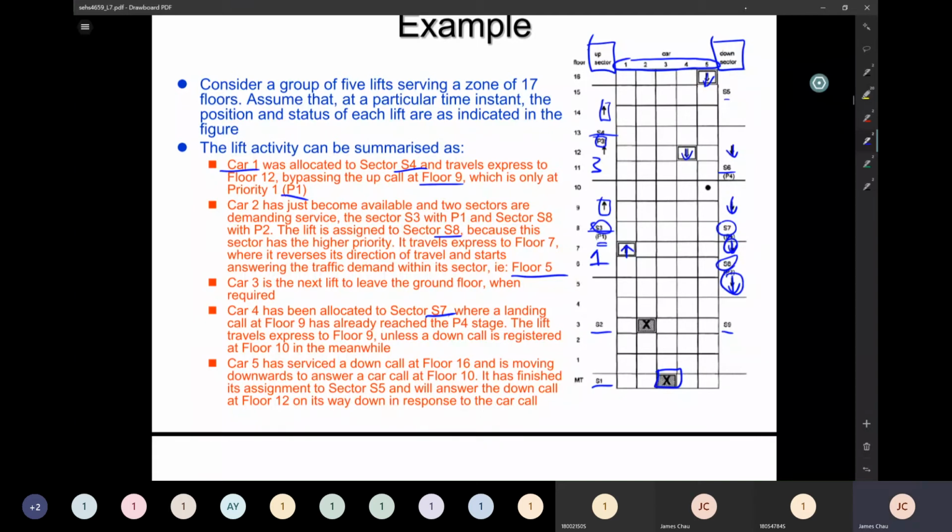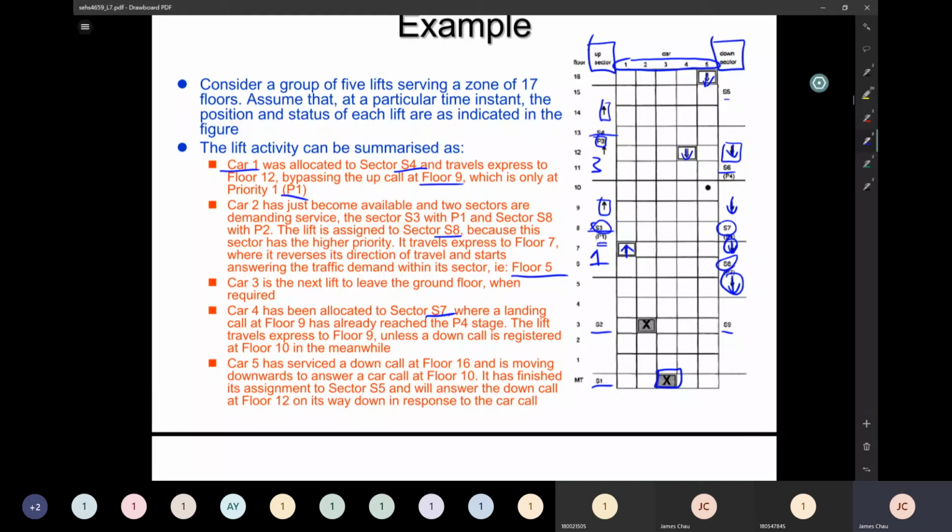And you can see that car 4 is at 12.4, and you can find there is a call at the same floor, but we consider that the car has just passed 12.4 and it cannot pick up the call at the same floor. Therefore, it continues the journey to setter 7 and serves the call in setter 7 at the line 4. Okay.